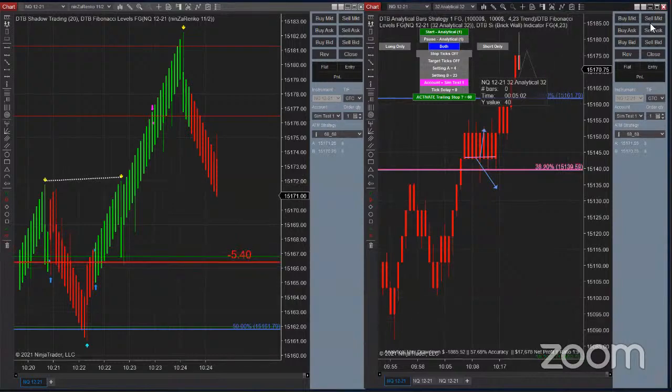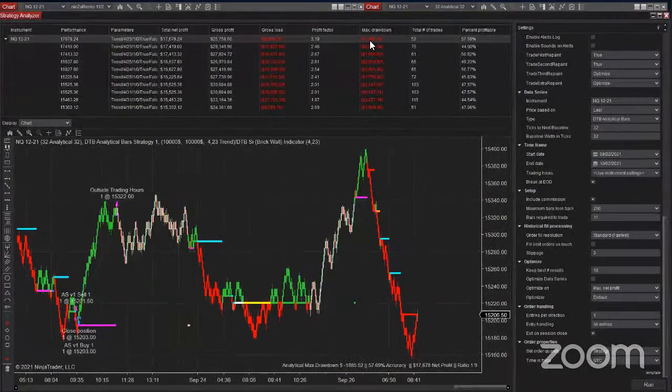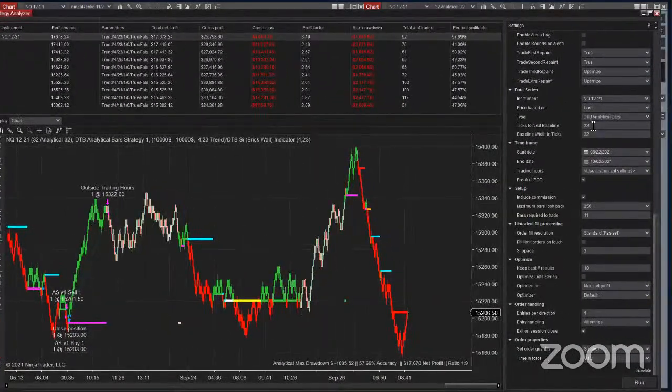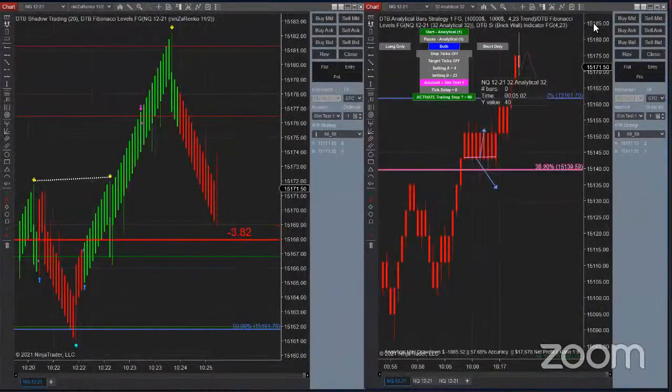We are running a 32 bar, but if you went and changed this, what is the time, 10:25, to even a 16 and a 16, and ran these same settings, so half the bar size for the same period, I'll let that run on the side and see what that comes up as.